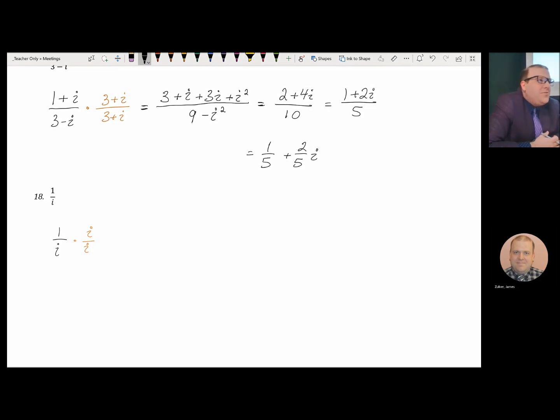So you can just drop out the negatives. Doesn't matter, you get the same answer regardless. i over i squared. i squared's minus 1. 1 over i is negative i.